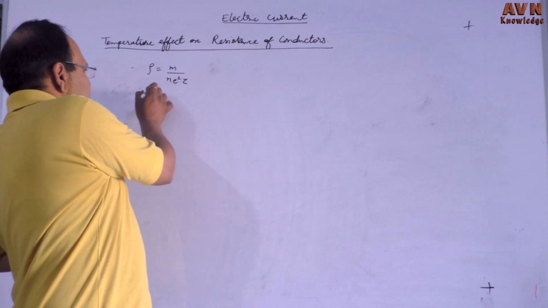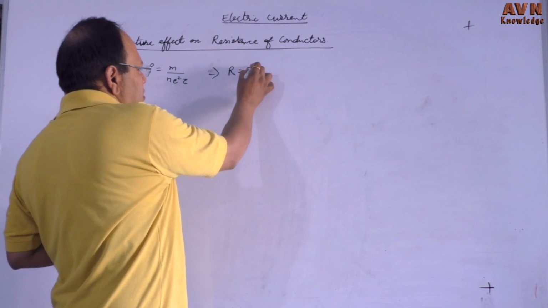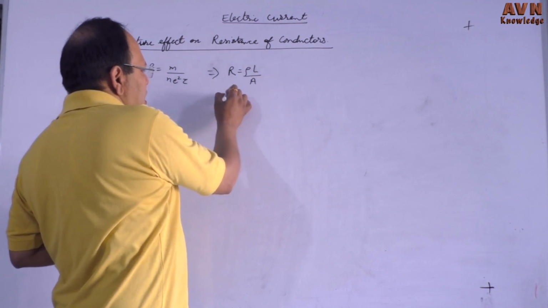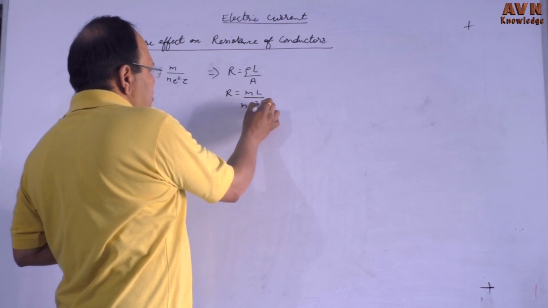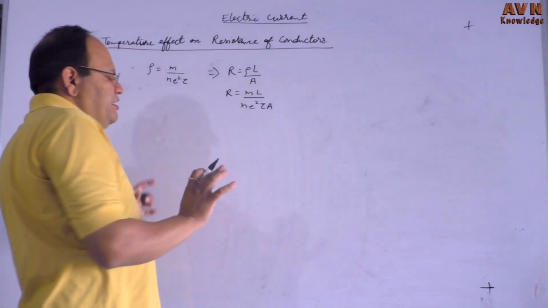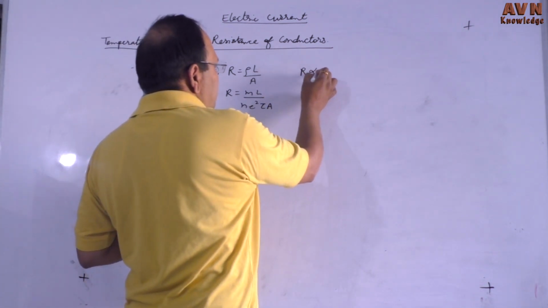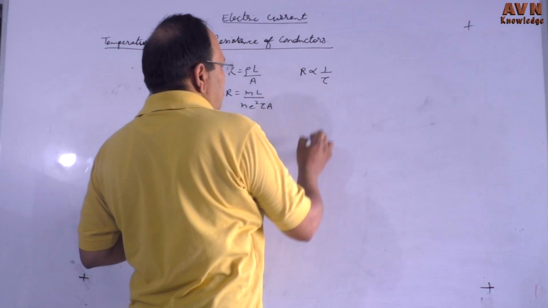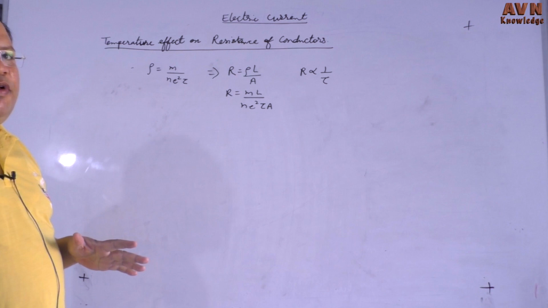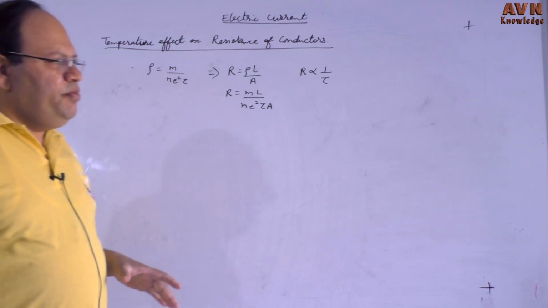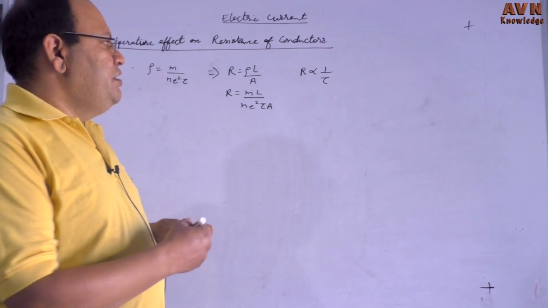When we derive the formula, R equals rho L upon A, that is R equals m L upon n e squared tau A. So the basic concept here is that R is inversely proportional to tau, because when we increase the temperature all factors remain constant, and the major factor that changes is tau bar.